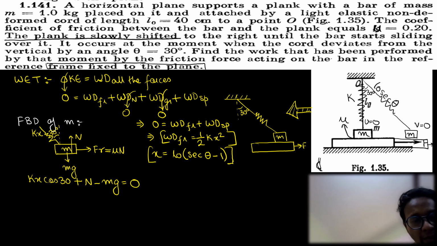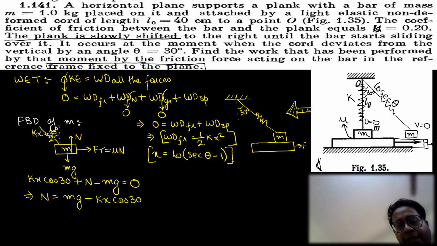Okay, from this equation we get N is equal to, shifting all these terms to the right hand side, mg minus kx cos 30.